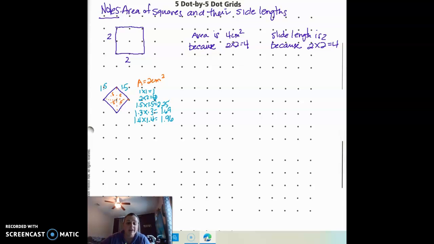I'm looking for an area of 2, so it's got to be between 1.4 and 1.5. So maybe we try 1.45 times 1.45, and then we keep continuing this until this goes on. But I'm going to have you stop right here. Let's try maybe 1.41 times 1.41. 1.41 gives me 1.988, which is really close.